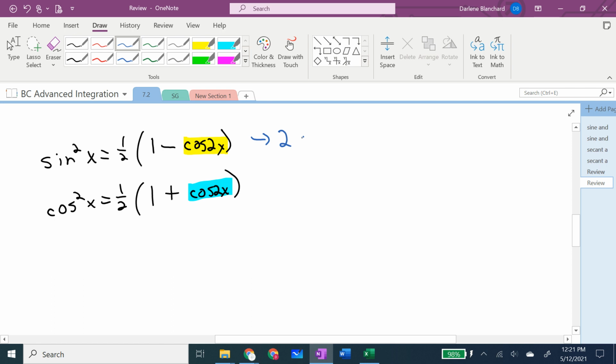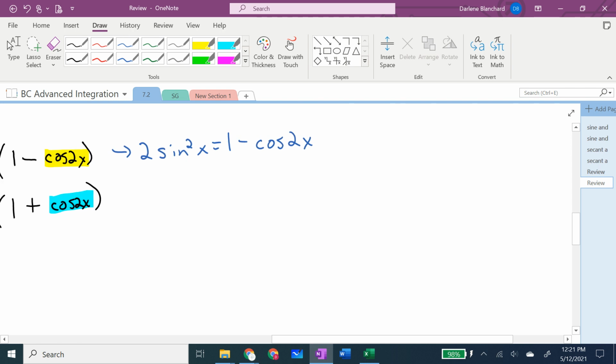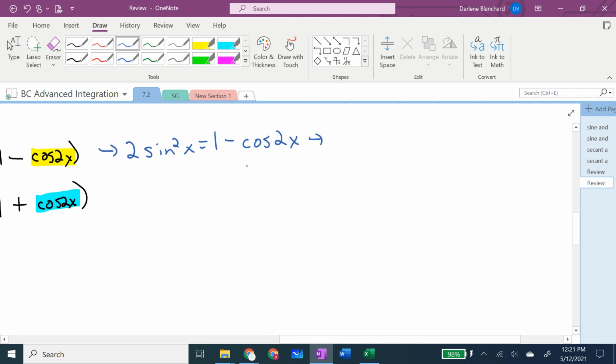I'm going to multiply by 2. And then if I'm going to isolate my cosine 2x, what does that make cosine 2x be equal to? Did you get 1 minus 2 sine squared x?